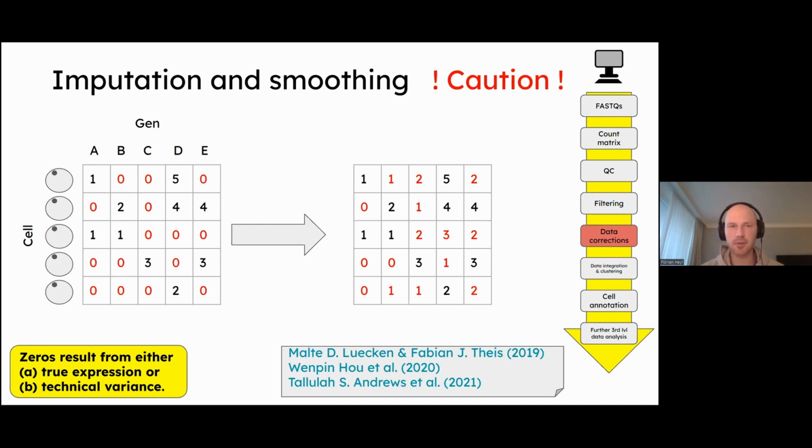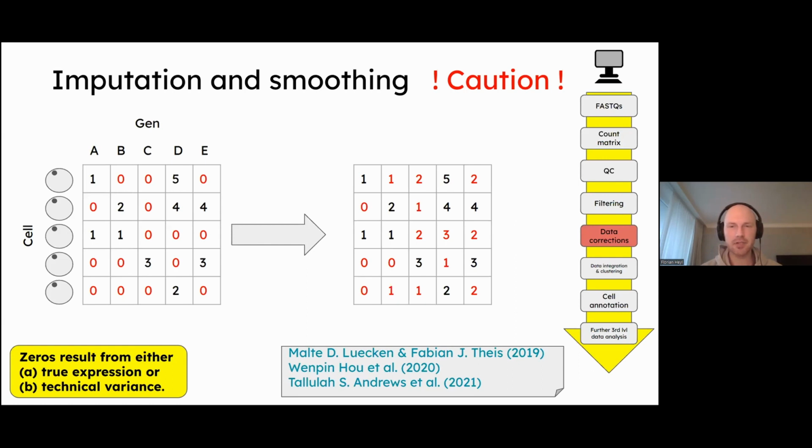And this is something which is called imputation and smoothing. I mentioned that you deal with sparse data. You can imagine that one of the downsides of single cell is that you do not get much material from an individual cell.